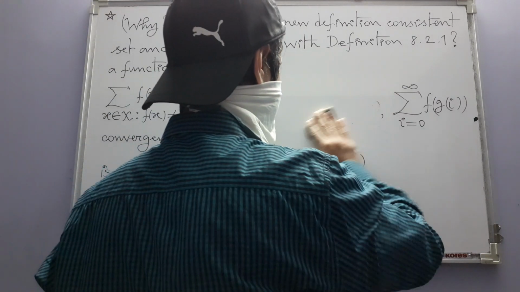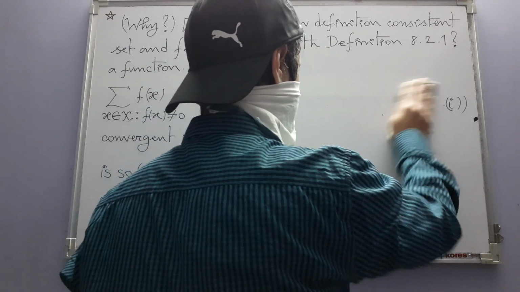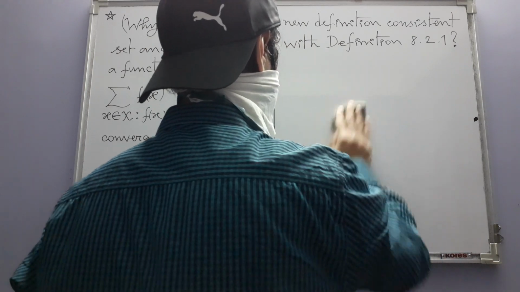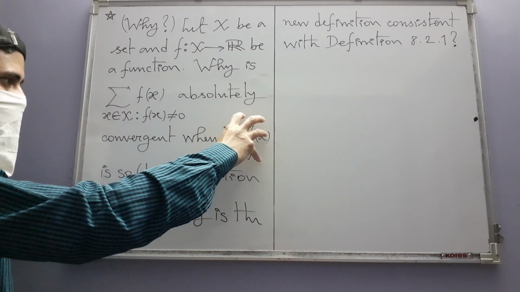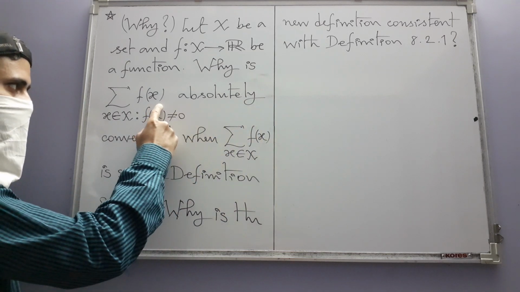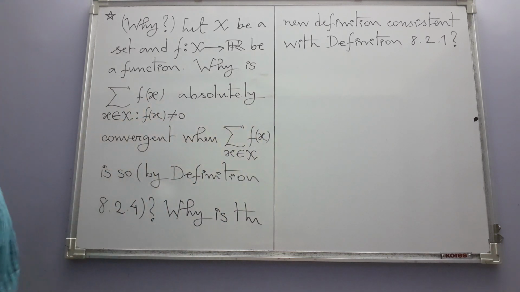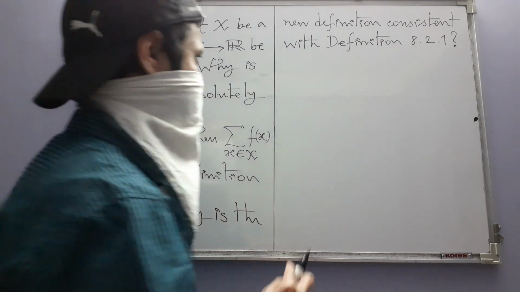So let us start the solution. So first we will prove this. Now this is absolutely convergent. We need to prove that this is absolutely convergent. So this is how we start.